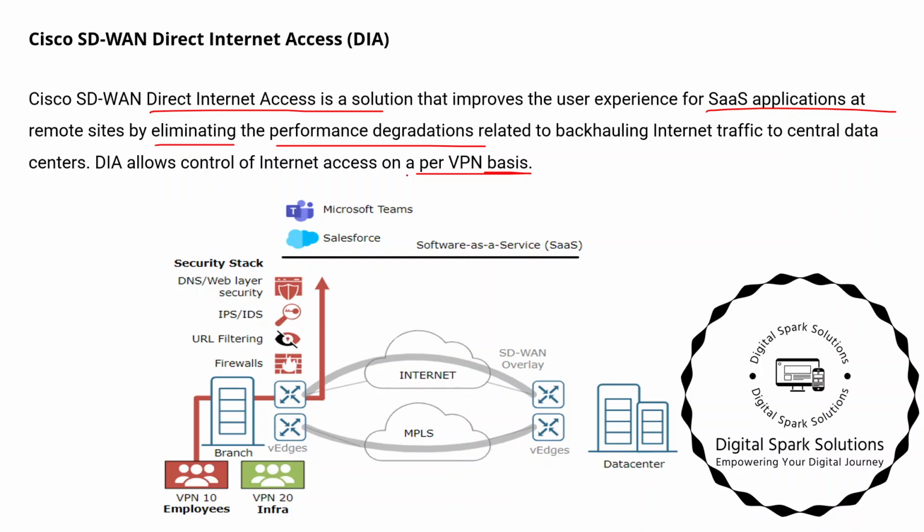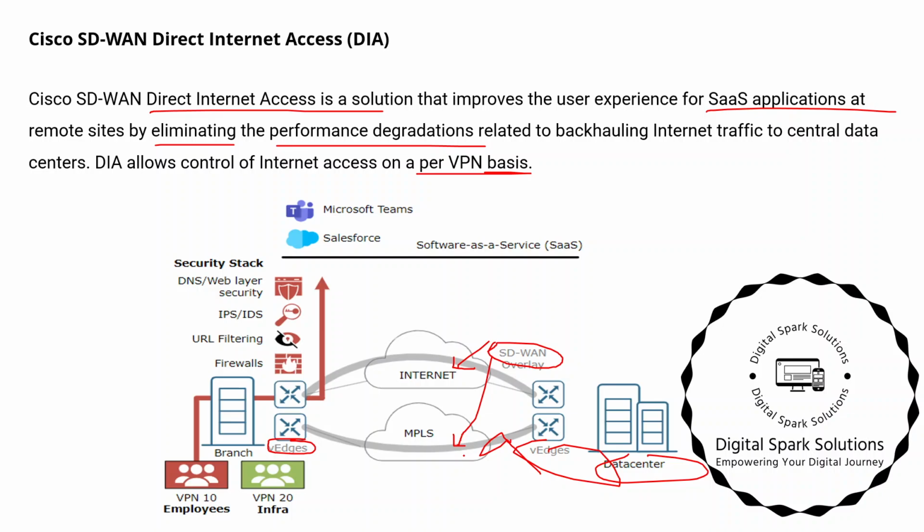The image shows an SD-WAN, software-defined wide area network, architecture with a focus on direct internet access, DIA, for secure and optimized cloud connectivity. It illustrates how different sites, such as data centers and branch offices, connect through SD-WAN overlay networks using V-edge routers. Key features include: SD-WAN overlay, which provides secure, efficient routing over multiple transport types, MPLS, broadband, LTE.